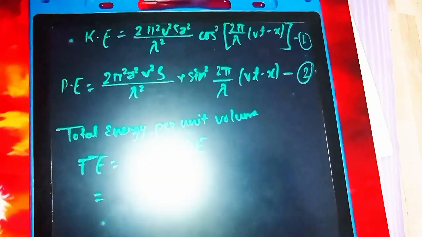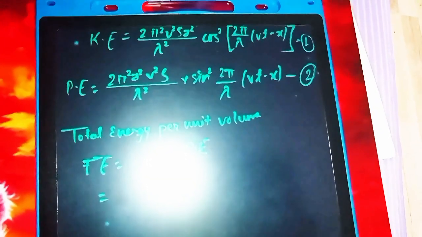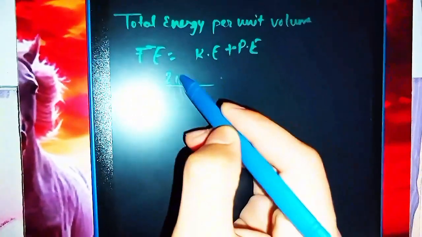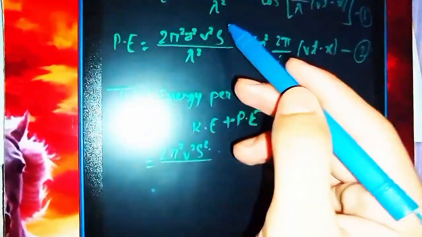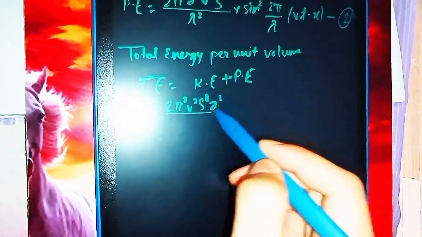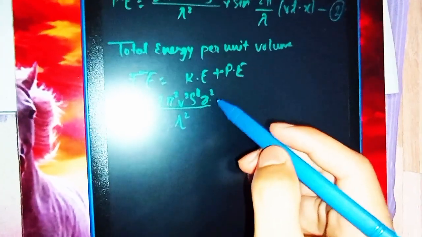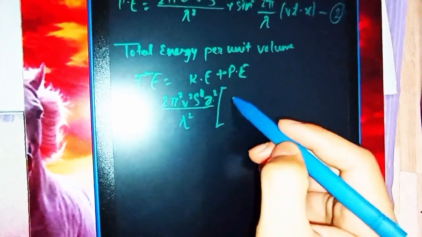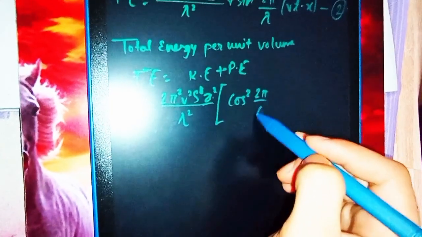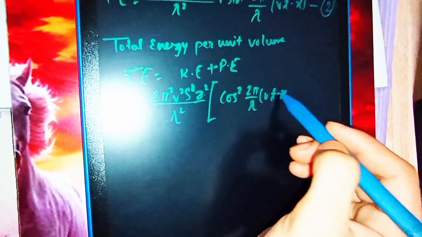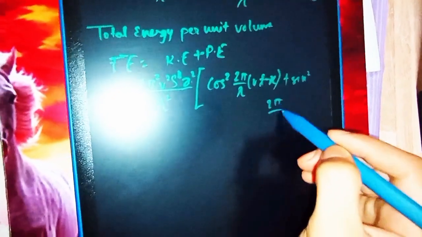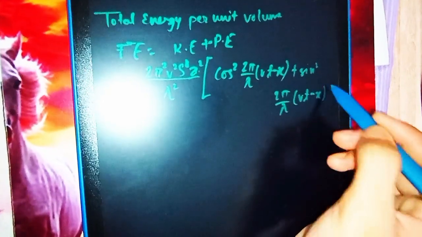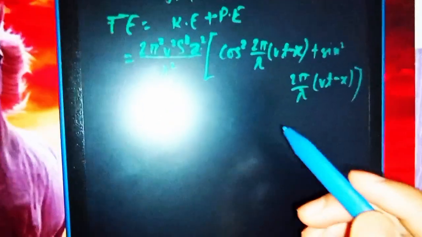So we'll take 2 pi square a square v square rho by lambda square common. Then we get 2 pi square v square rho, sorry, rho is not squared, a square only, and lambda square is common. The remaining is cos square 2 pi by lambda (vt minus x) plus sine square 2 pi by lambda (vt minus x), and cos square x plus sine square x is 1.